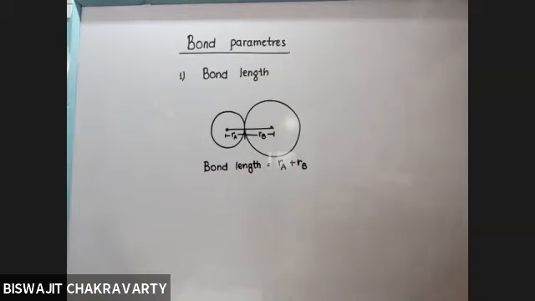So bond length is the distance between the nuclei of two bonded atoms, and it is also referred to as the internuclear distance between the two atoms. What is the meaning of internuclear distance? It is the distance between the nuclei of two atoms.